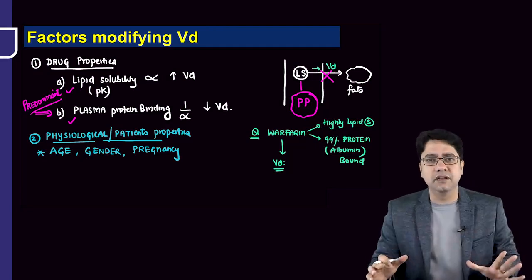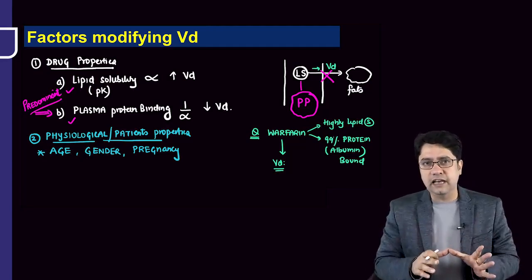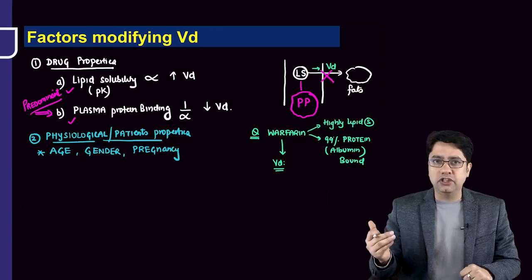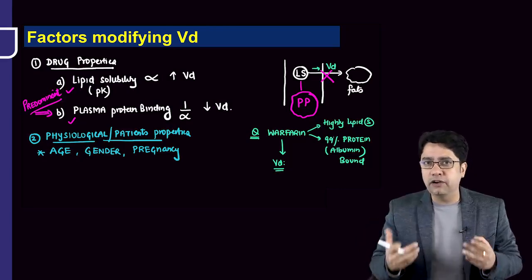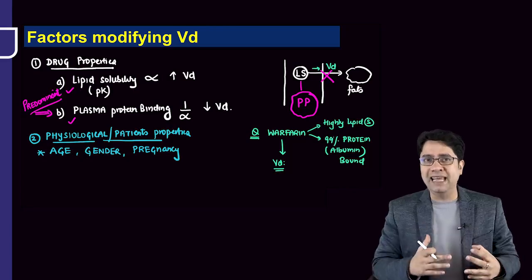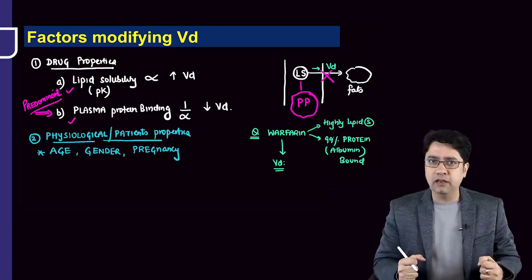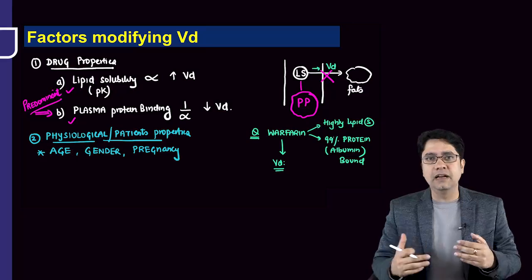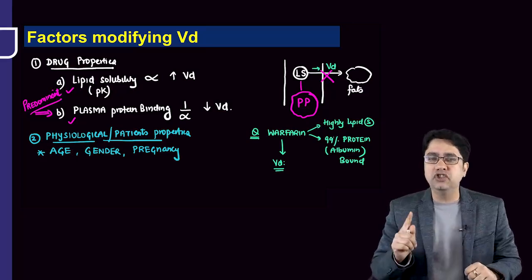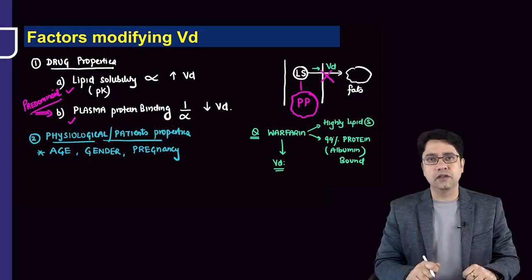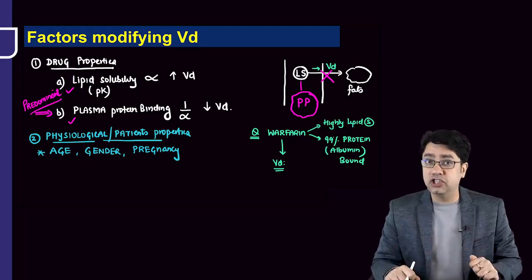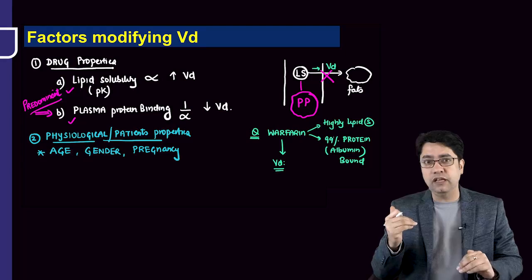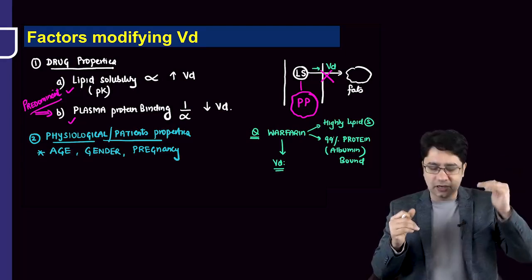The reason is very simple. In a small child and a young adult, we have more plasma protein. In old age, the amount of plasma protein reduces. Similarly, males have more plasma protein. Females have less plasma protein and more body fat. The amount of plasma protein also changes in pregnancy. So if plasma protein binding changes, the volume of distribution will change. Less plasma protein, more drug will move outside.